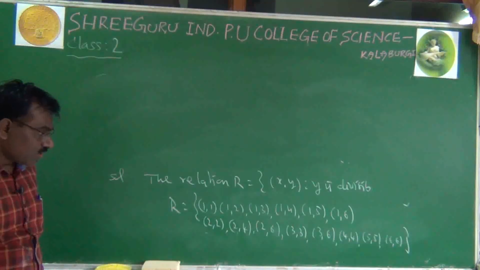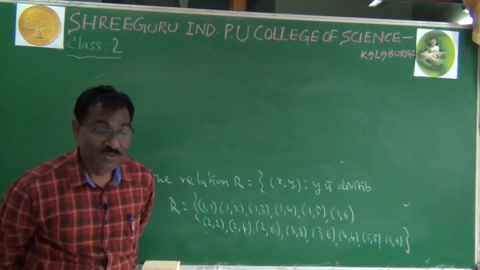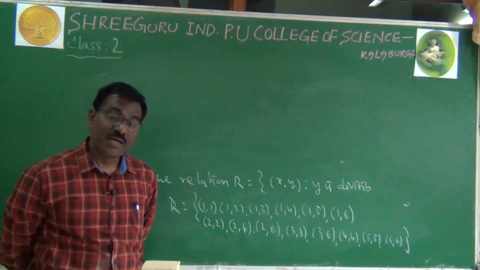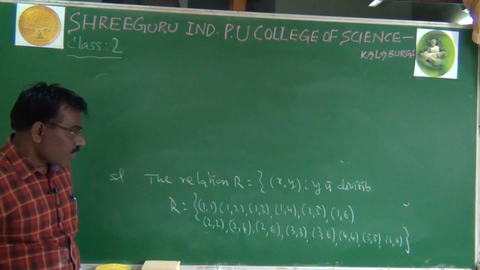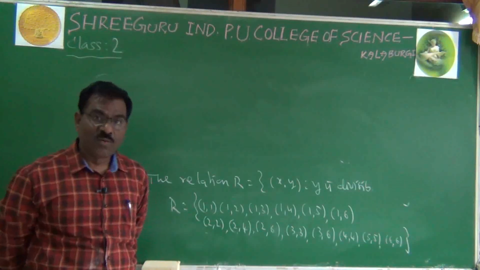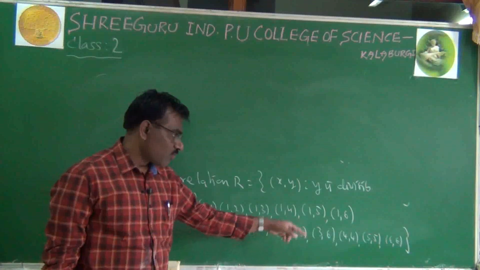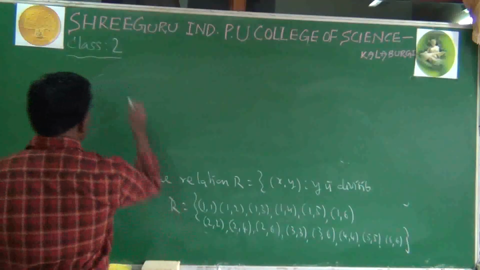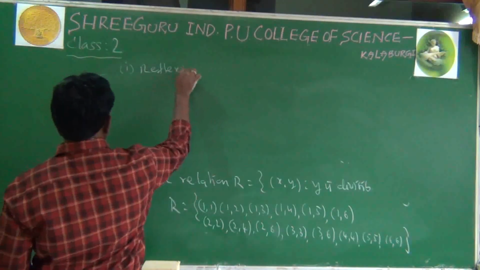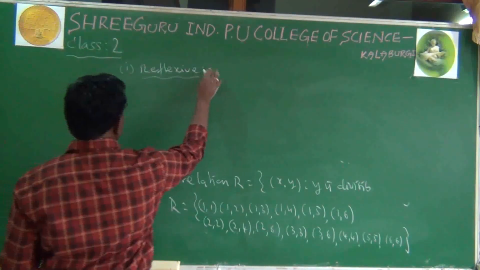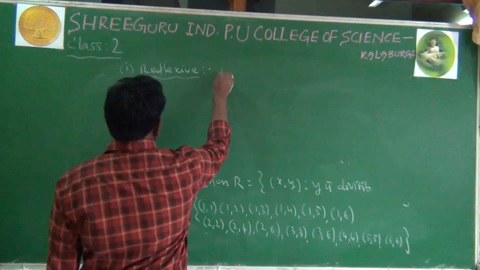Now start one by one, whether reflexive or not. I repeat once again: reflexive means every element of the set is related to itself. What is the set? 1 to 6. 1 means (1, 1) is there, 2 means (2, 2) is there, (3, 3) is there, (4, 4) is there, (5, 5), (6, 6). So the first one is reflexive.